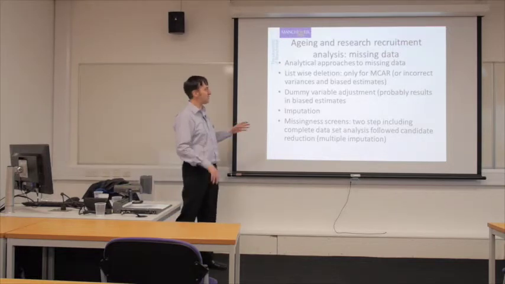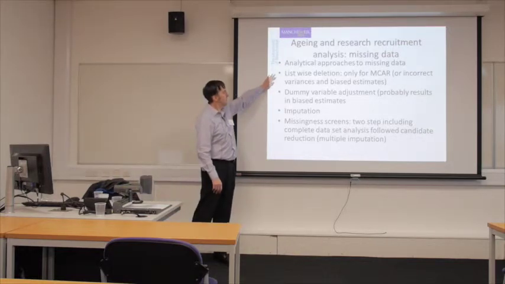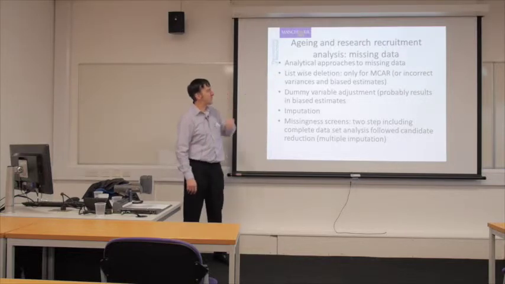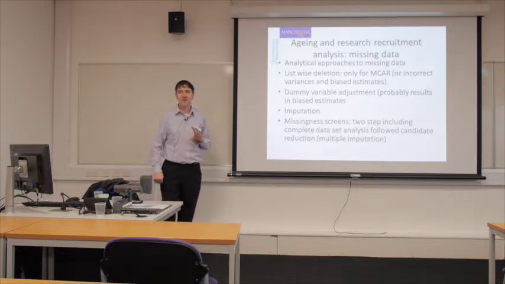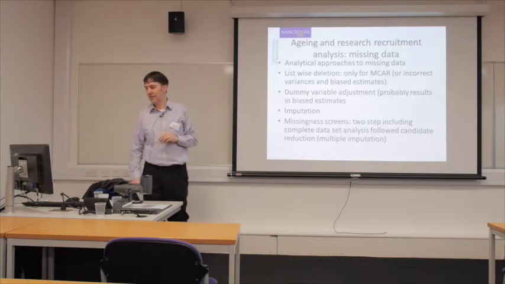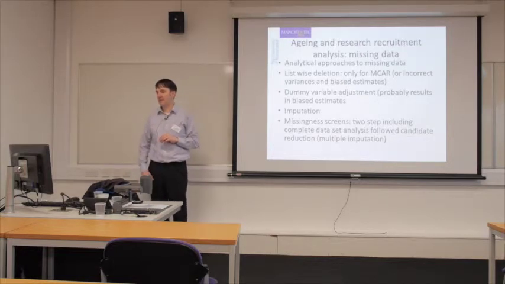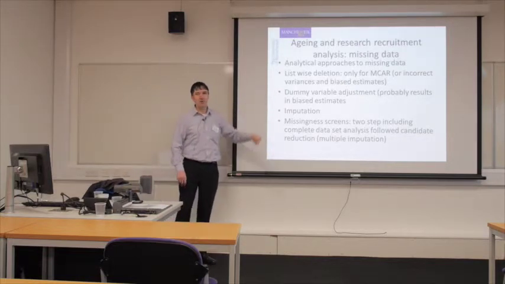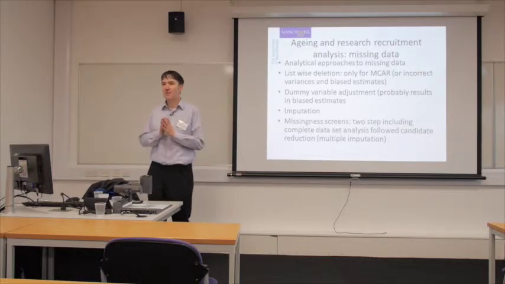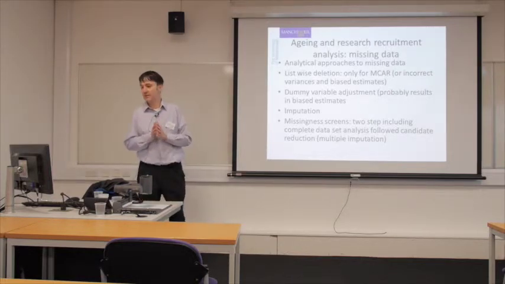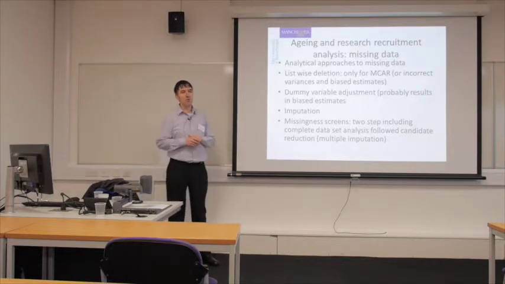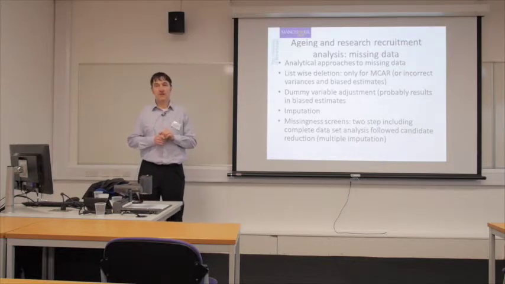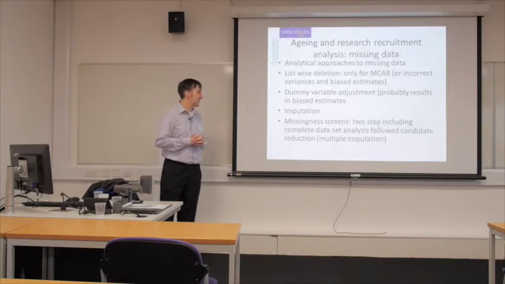So what sort of analytical approaches have been used? People will say you can do list-wise deletion for missing completely at random, but I really don't believe that's ever the case, or that it's really reasonable. Dummy variable adjustment probably still gives you biased estimates. There's also something that's grown more and more in the last decade, which is to use imputation, including multiple imputation.